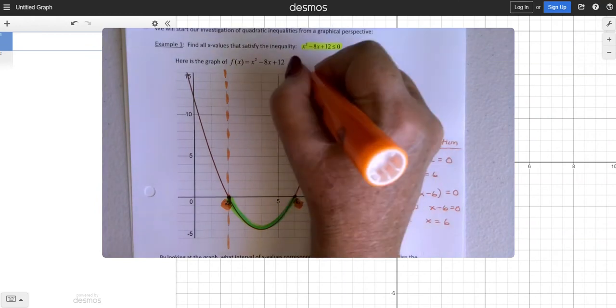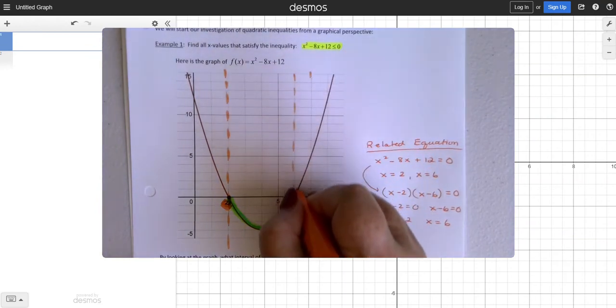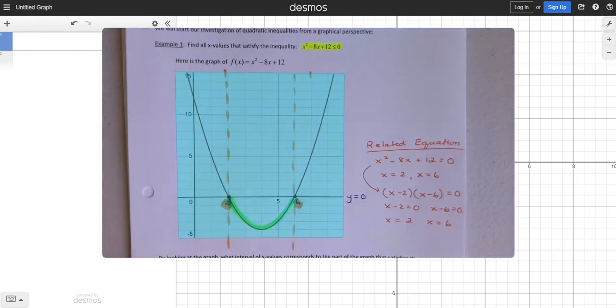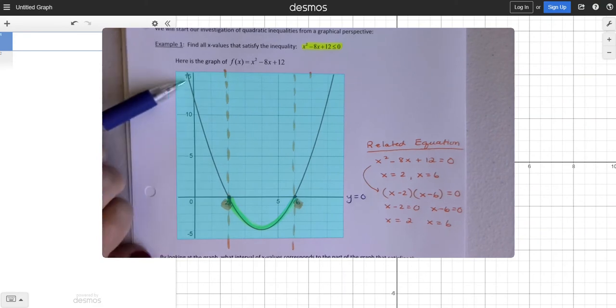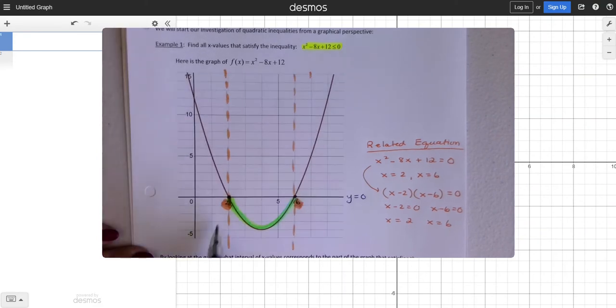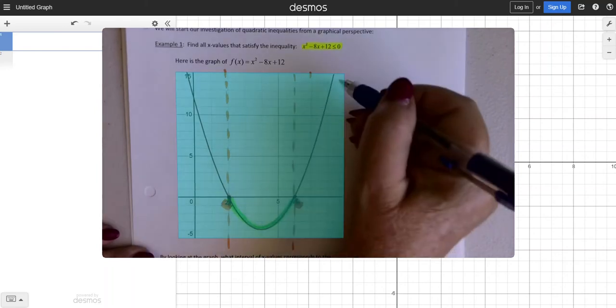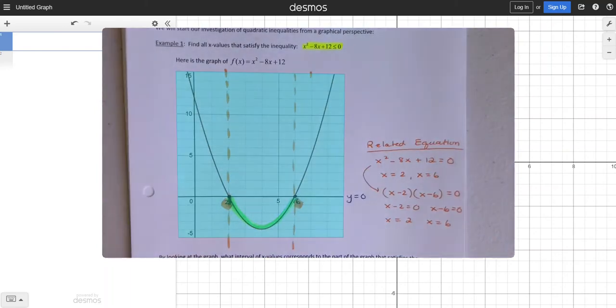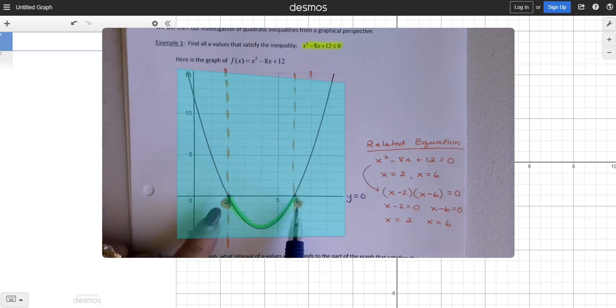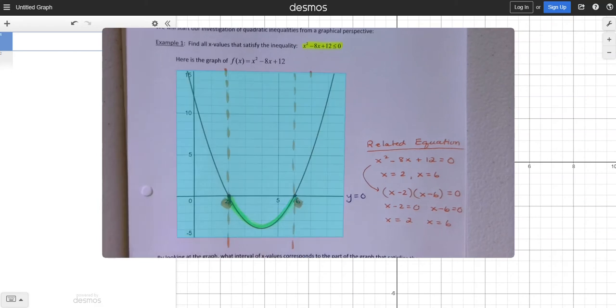And within each of the sections I've just defined, the graph is either above 0, below 0, or over here it's above 0 again. So each section is either above 0 or below 0. The graph only crosses the axis at those two zeros.